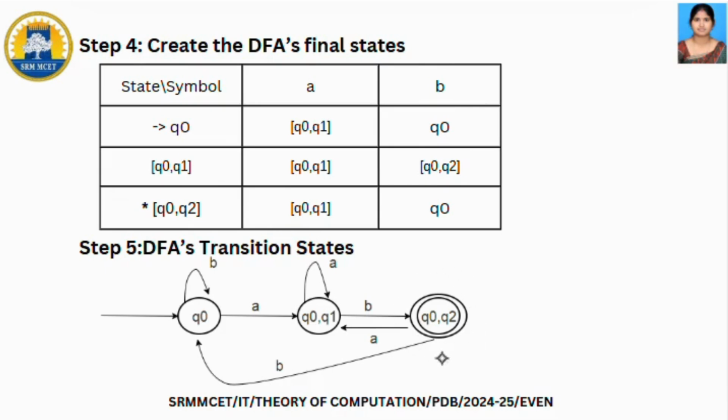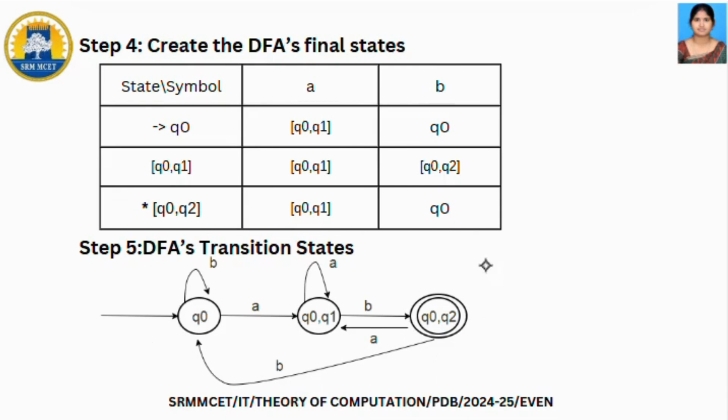Here we mark the double circle because this is a final state, and we give an arrow mark because q0 is the initial state. And then q0 q2 using a transits to q0 q1, and q0 q2 using b transits to q0.